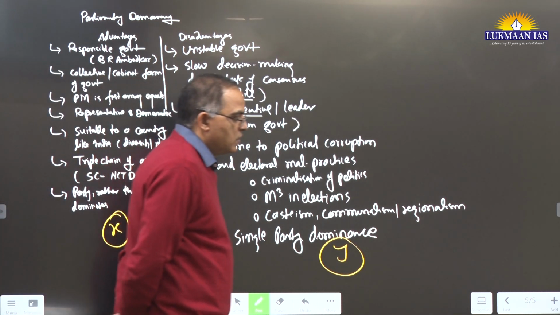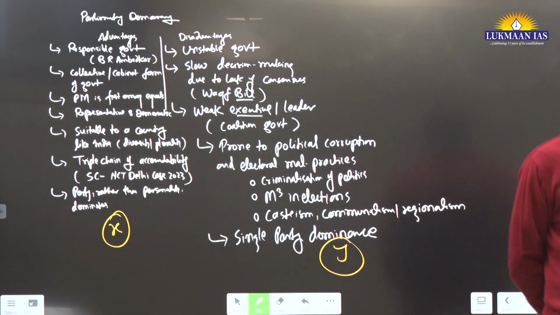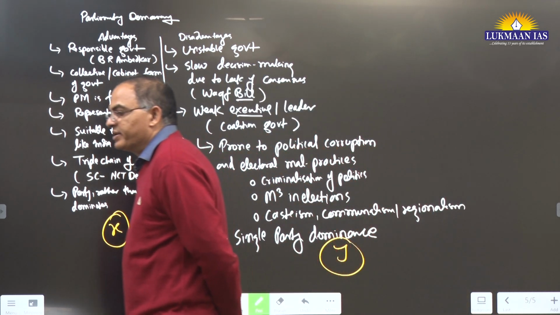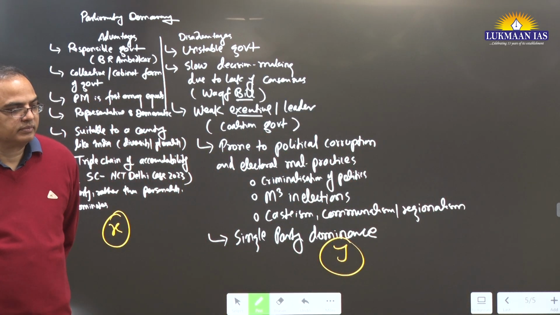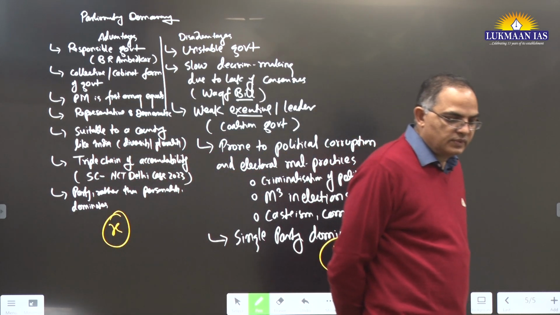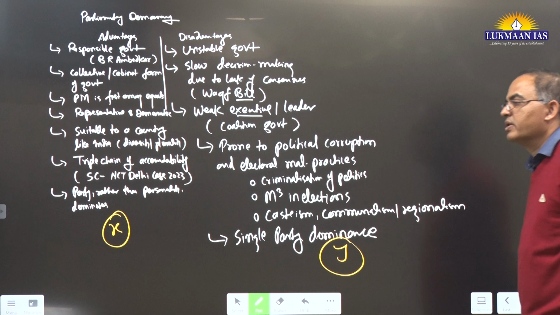Next, diverse and plural society. Plural society. Now change the paragraph.